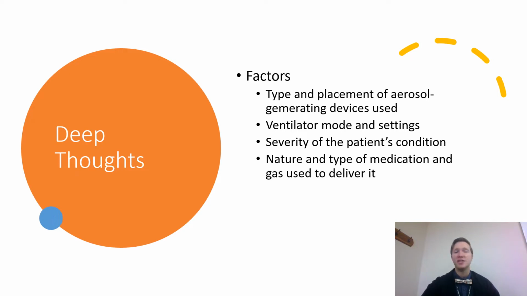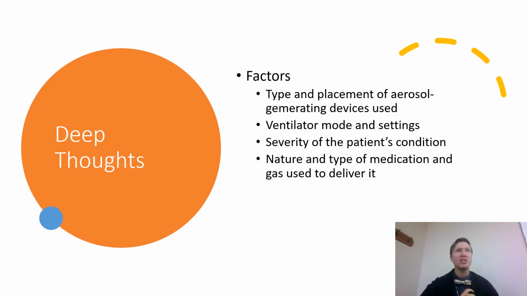If a patient is on room air, let's say it's a little baby, a newborn, a neonate, and they're very oxygen sensitive, do you want to use 100% oxygen to deliver that nebulized medication to that baby who's on room air on the ventilator? Probably not, right? You want to use blended gas. You want to make sure that you're using the right gas source to deliver that medication.